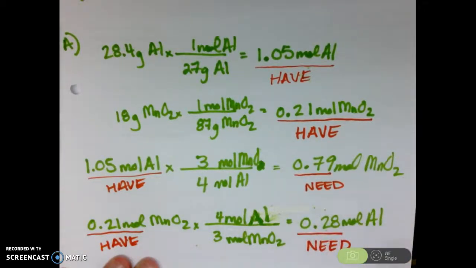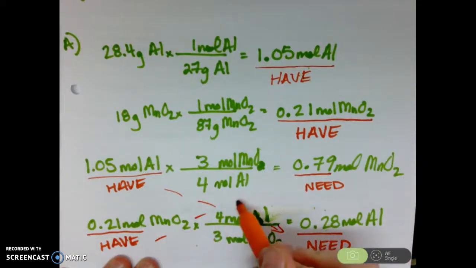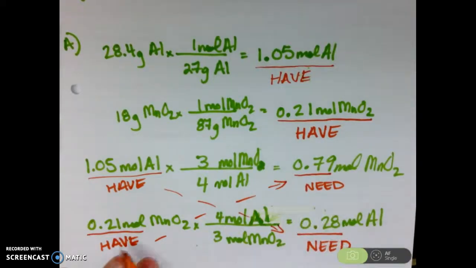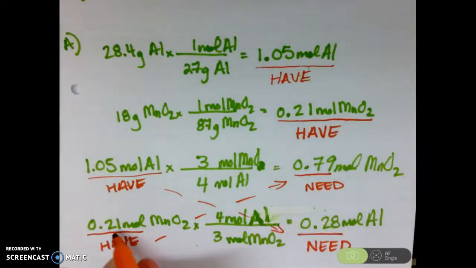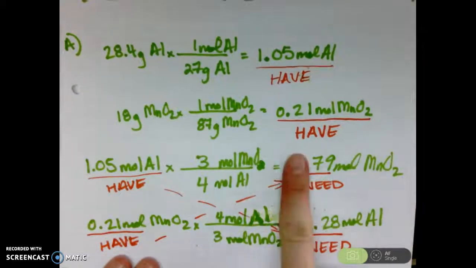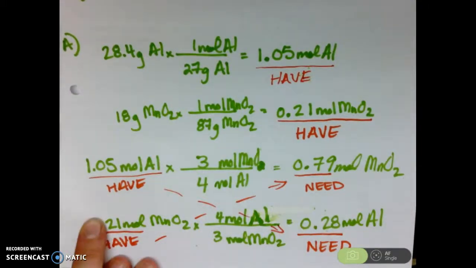Now we need to compare these, and it's kind of crisscross. Use Paul's crisscross applesauce. If I have 0.21 moles and I need 0.79, I have a very small number and I need a big number. Remember you can remove the decimal. If I need 79 and only have 21, I don't have enough.